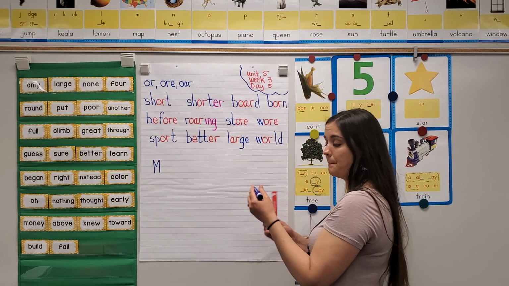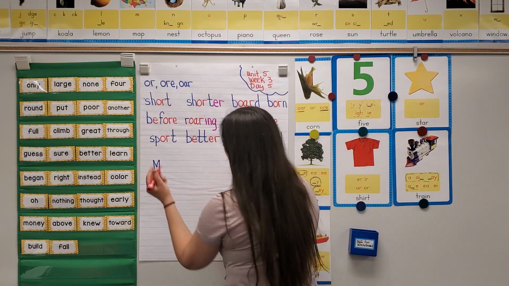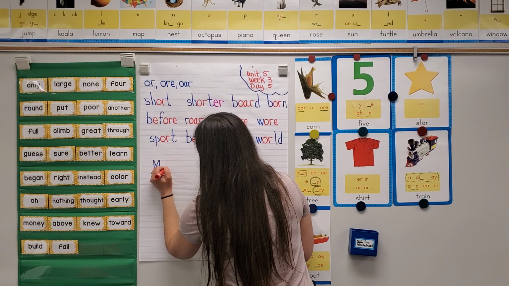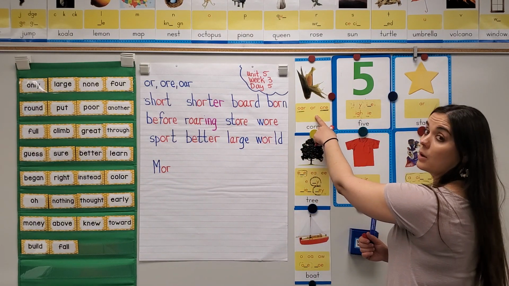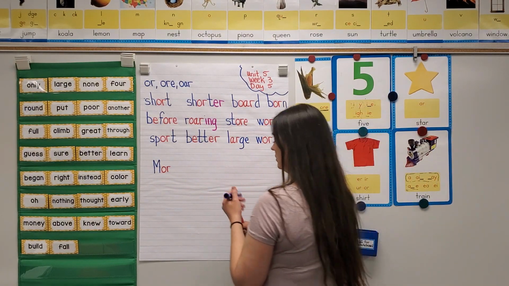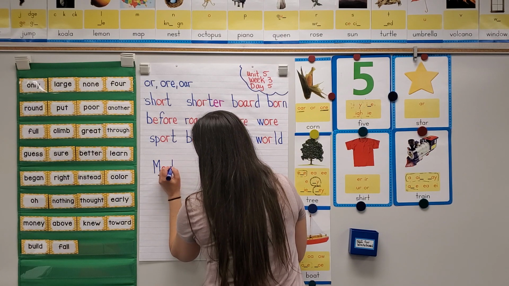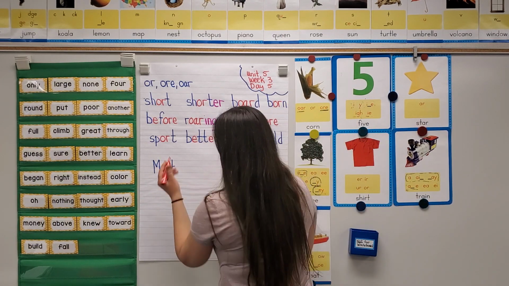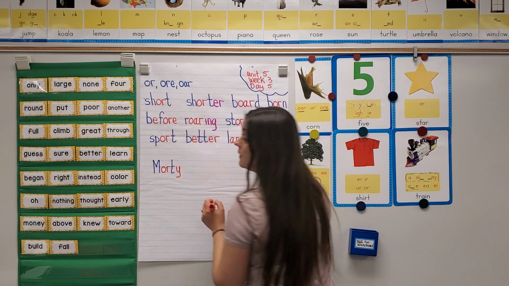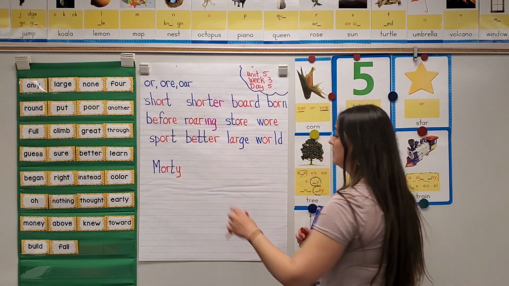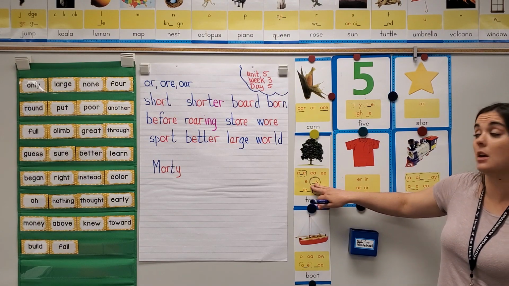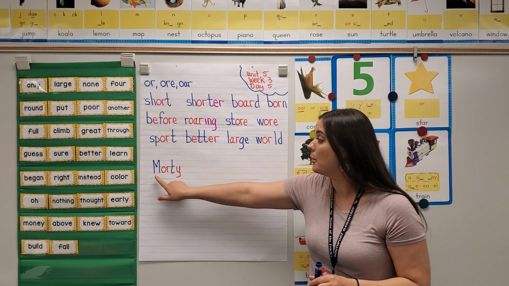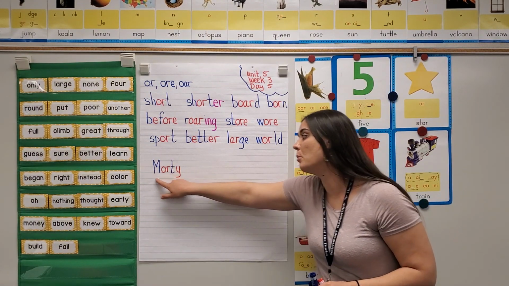M says, O-R, like the corn card, or, more. T says, ta. And in this word, Morty, that Y is going to say the long E. So let's blend that. Or E, Morty.